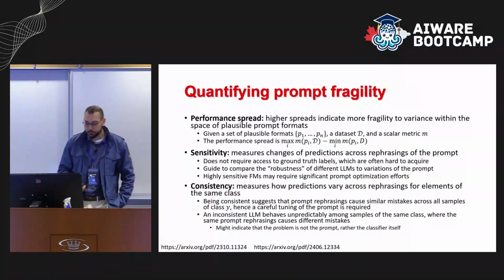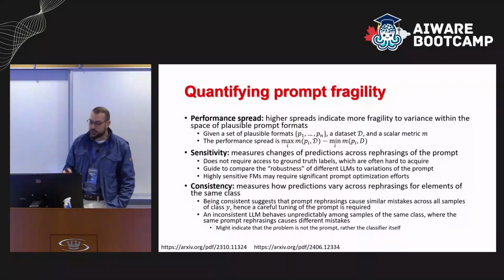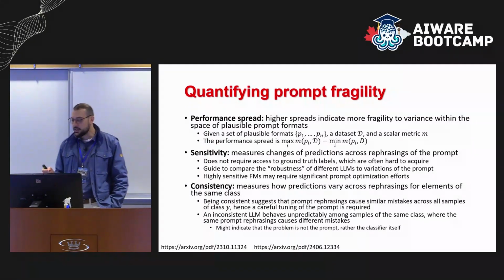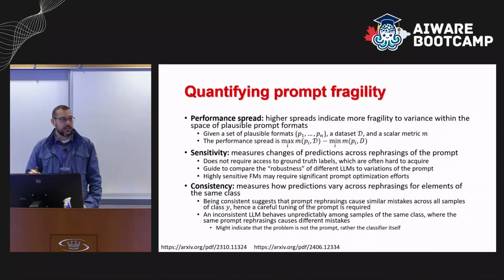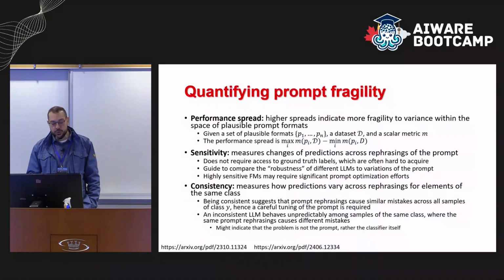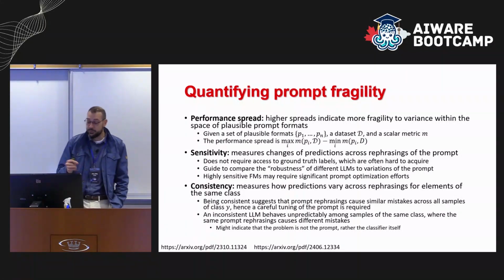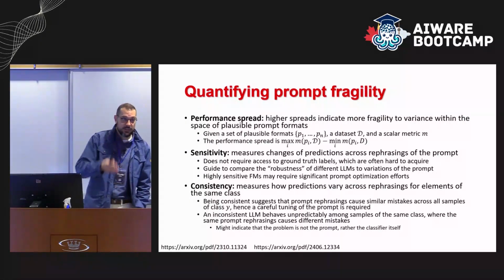And the final metric is called consistency, which measures how predictions vary across rephrasings of elements of a prompt for the same class of a certain classification task. Being consistent suggests that the prompt rephrasings cause similar mistakes across all samples of a certain class.